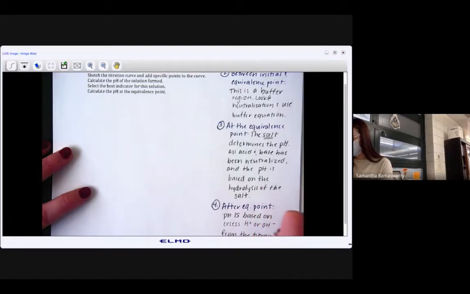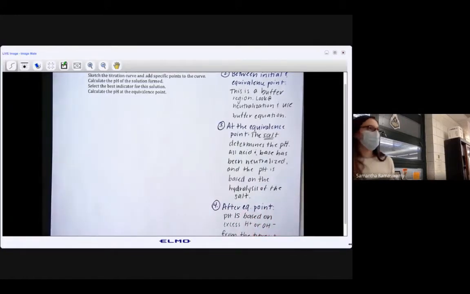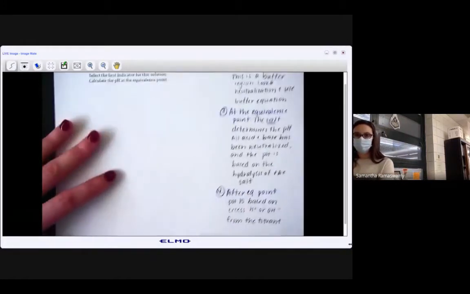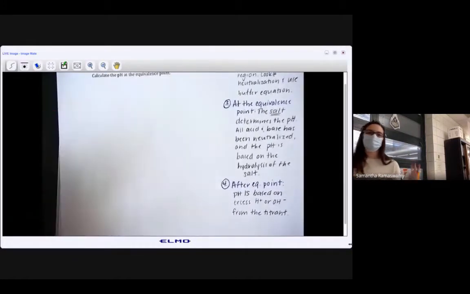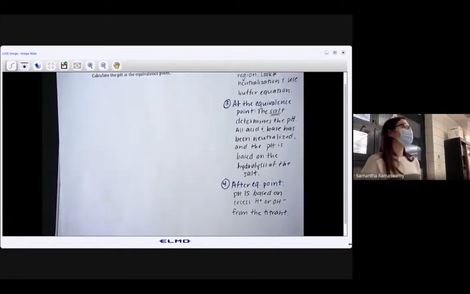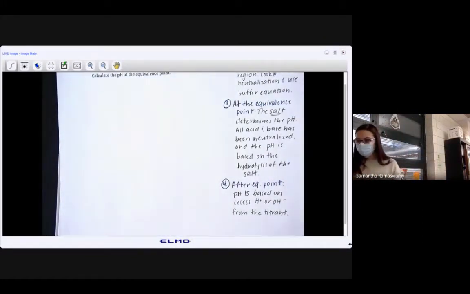So that's just stoic. Figure out how many moles of excess we have. And then you just find the molarity, take the negative log. So we have 4 main places, right? We kind of have this down the side just to help us. We're only going to write it one time.